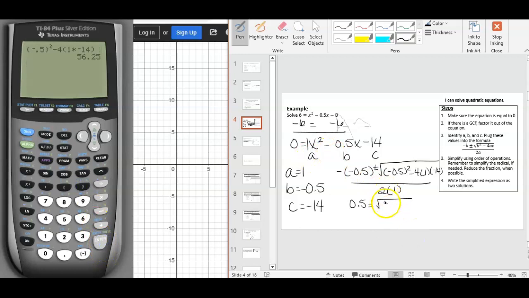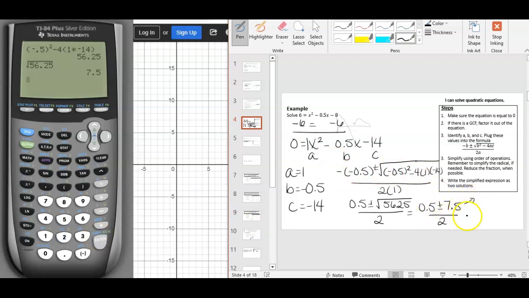So I have 0.5 plus or minus the square root of 56.25, and that's divided by 2. The square root of 56.25 is 7.5. So I have 0.5 plus or minus 7.5 over 2.